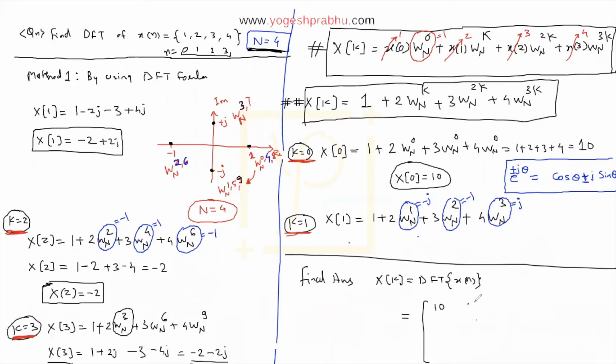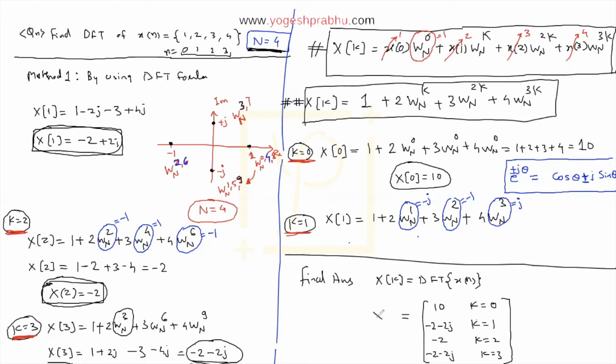This was for k is equal to 0. I'm just writing vertically to make it look proper. I hope you remember this was x of 1, and x of 1 is minus 2 minus 2j. This is what I've got for k is equal to 1. For k is equal to 2, x of 2 is minus 2. And for k is equal to 3, x of 3 is minus 2 minus 2j.